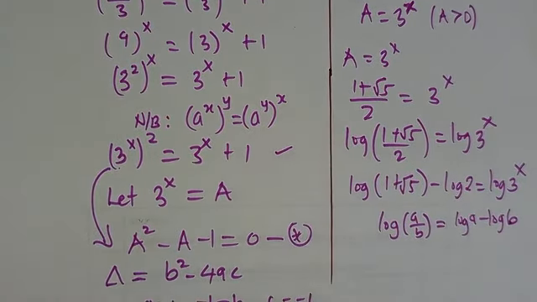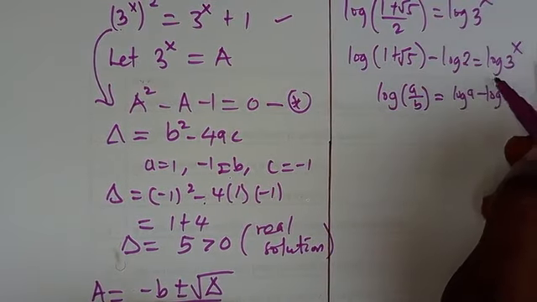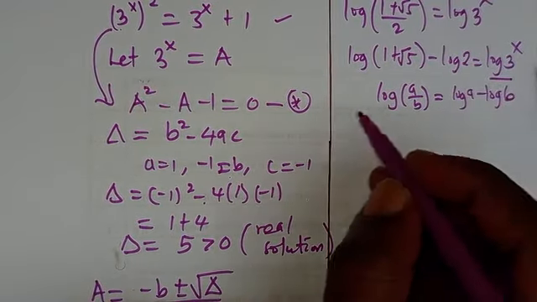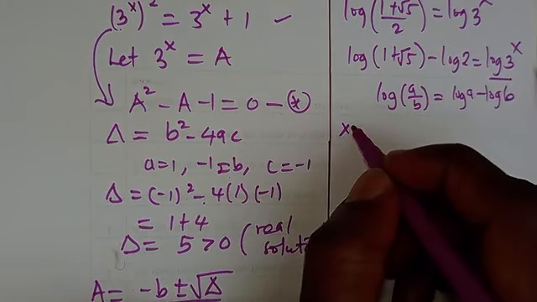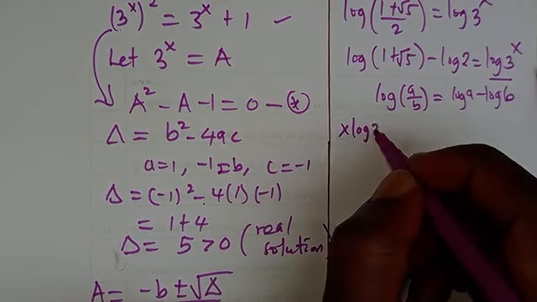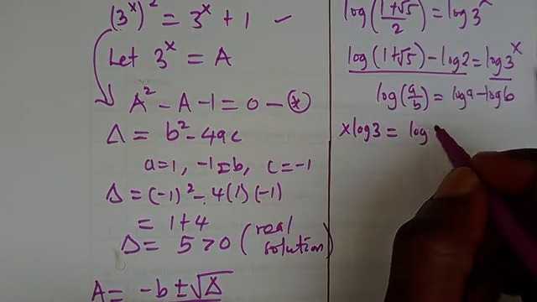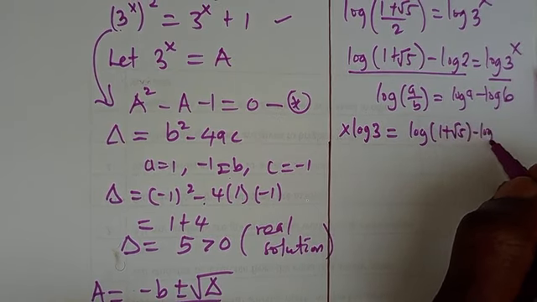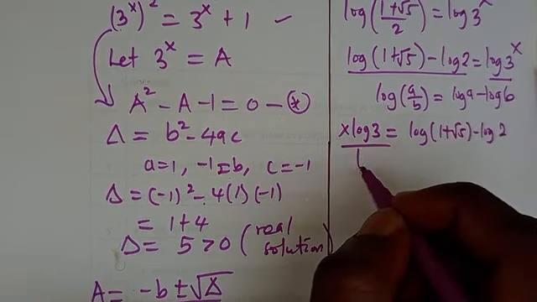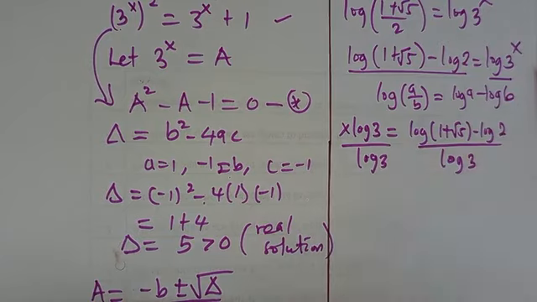So that's what I used here to expand this. So now taking all of this to the left hand side, this x will also come, then multiply log 3 equals, we now write everything here, log (1 plus root 5) minus log 2, then divide both sides by log 3, because we are looking for x, right?